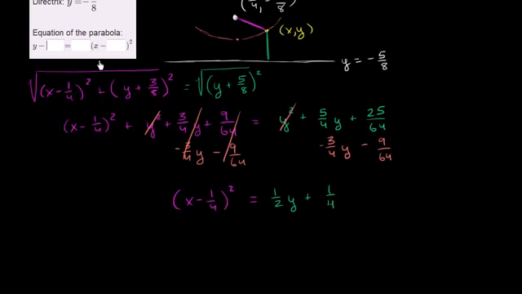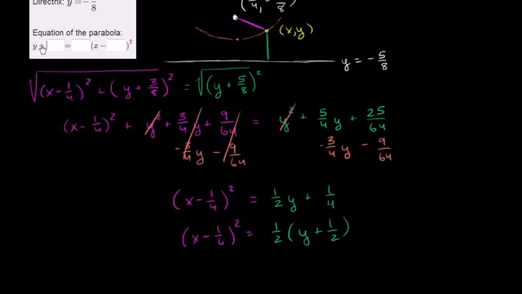Now we've almost got where we need to go. We have this x minus 1/4 squared. We just need to get a coefficient out here and write this in terms of y minus something. So what we can do right over here is factor out a 1/2. So x minus 1/4 squared is equal to 1/2 times y plus 1/2.